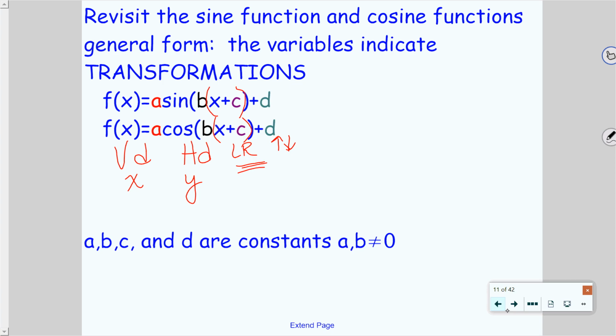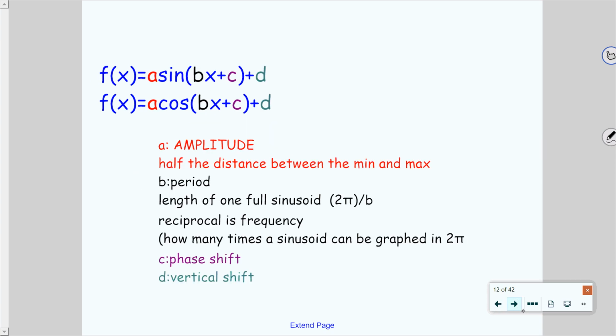So factored form. We're going to change some of these words a little bit. And this is how we're going to change some of the words. So our C in factored form is going to be considered our phase shift. That's our left and our right. I would definitely write this stuff down, guys.